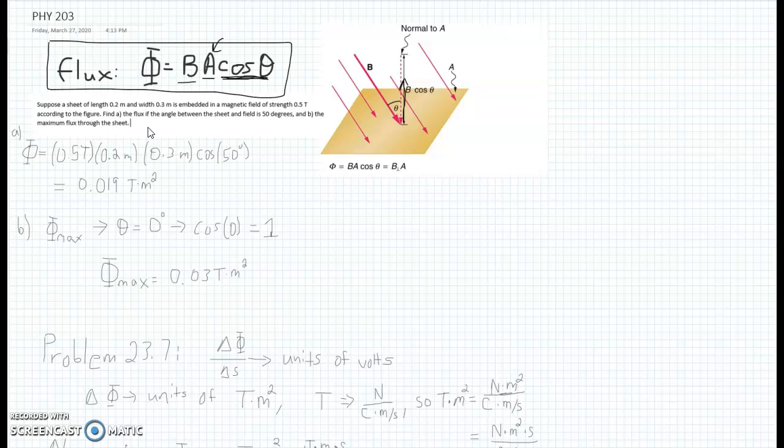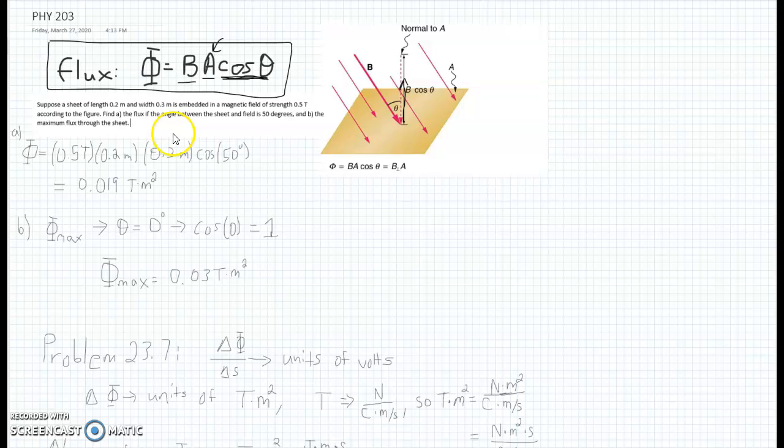We want to find the flux if the angle between the normal of the sheet and the field is 50 degrees.